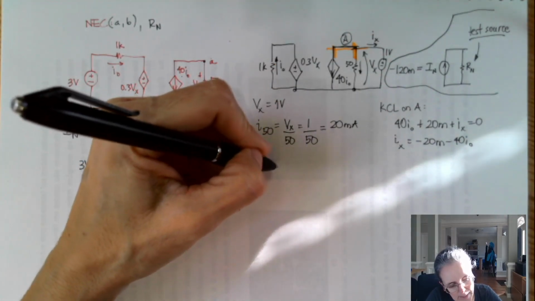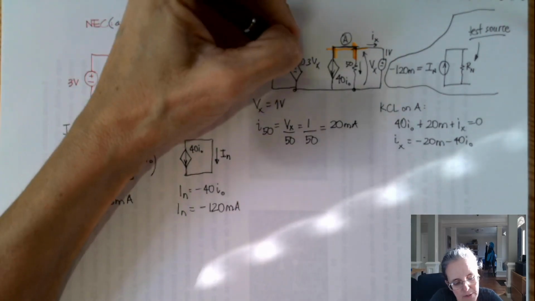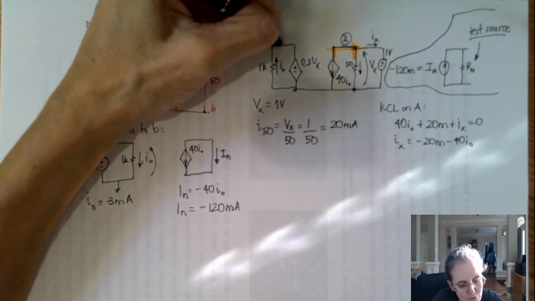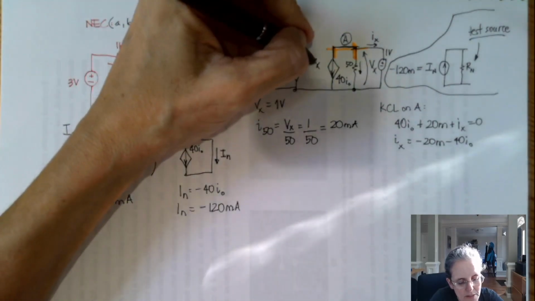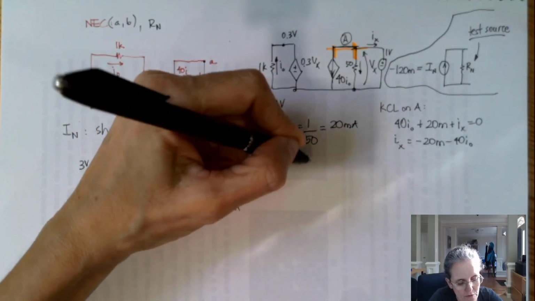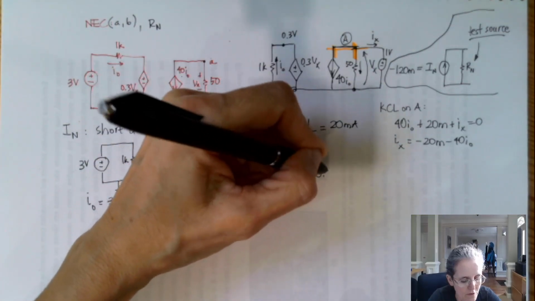So watch. I can do KVL, for example. Now I know Vx is 1, so I know this is 0.3 volts. Actually, I don't even need to do KVL. This is 0.3 volts because Vx is 1 volt, and 0.3 Vx is 0.3 volts.